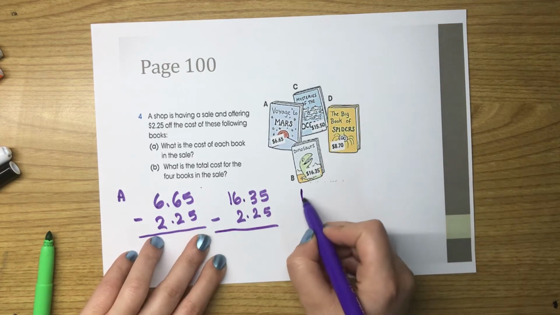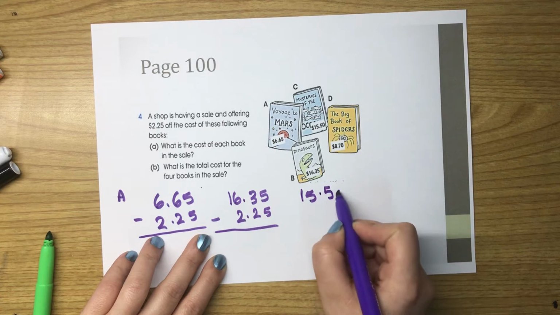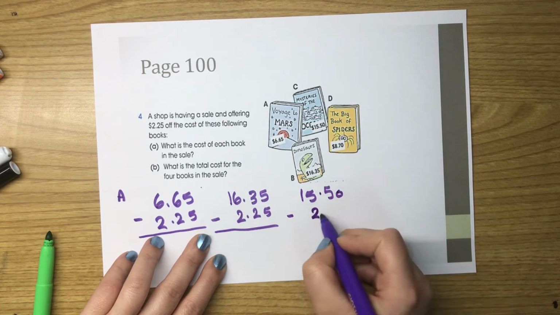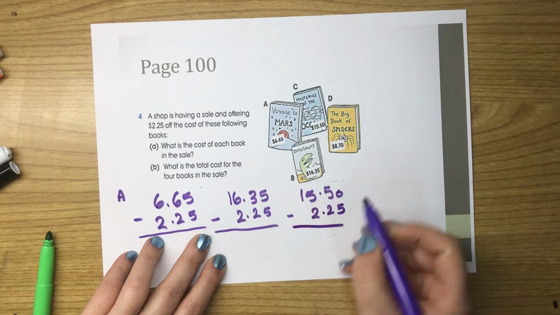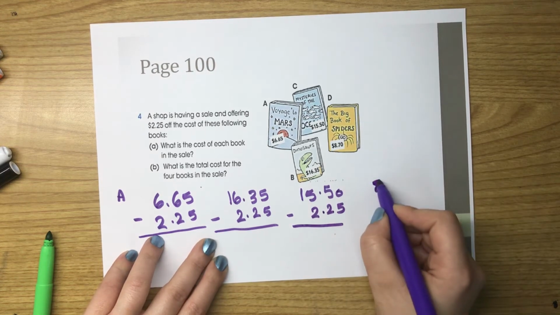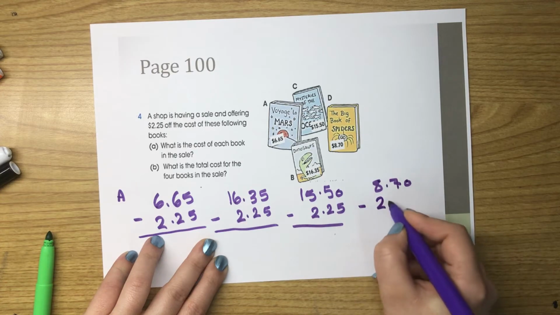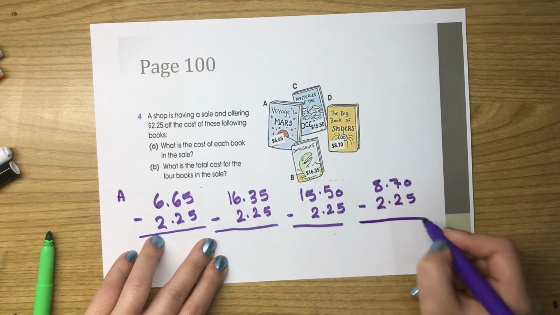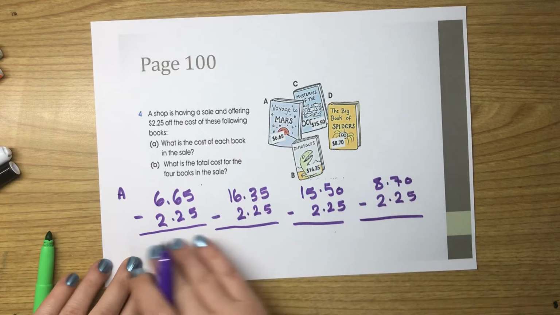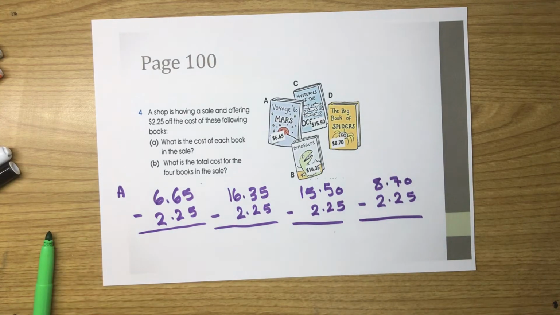Third book, 15.50. Take away 2.25. The last book is 8.70. Take away 2.25. So we can find the prices for each book after the sale.